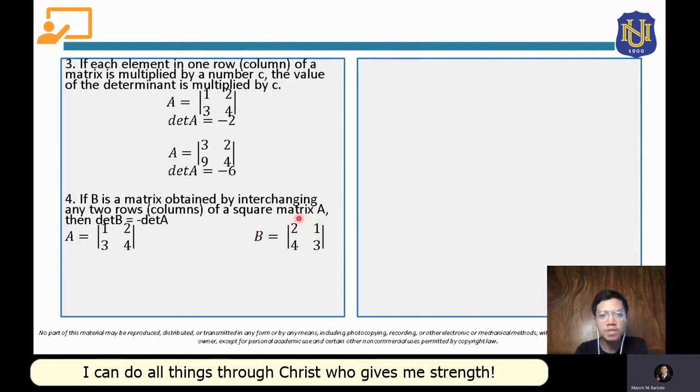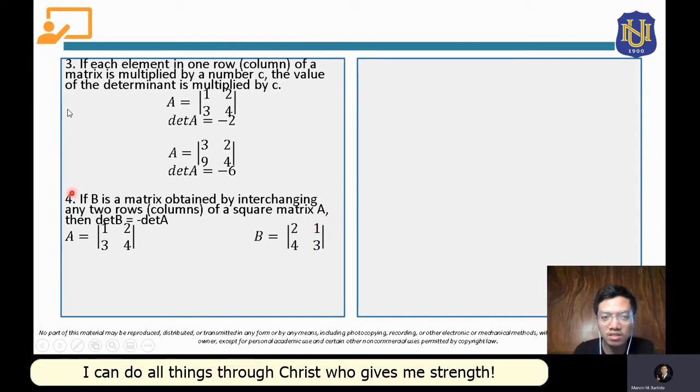You notice that the two columns from matrix A were just interchanged here in matrix B, right?